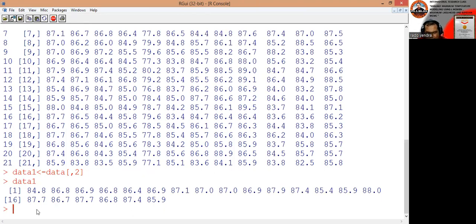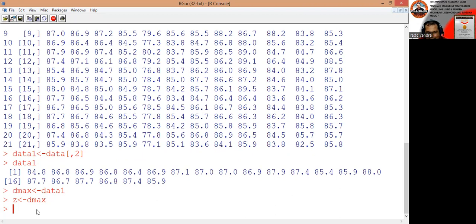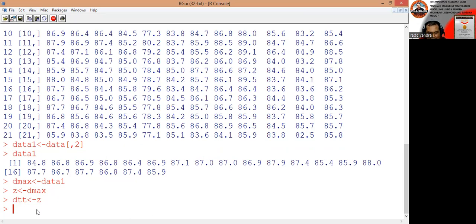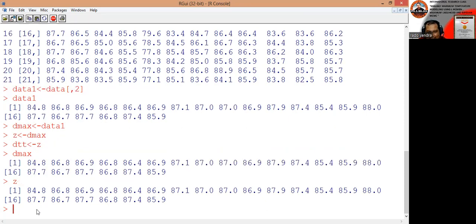So automatically we give the name Dmax. Dmax means data 1. And Z means Dmax. And DTT means Z. So you can check here Dmax, Z and DTT, the same data.